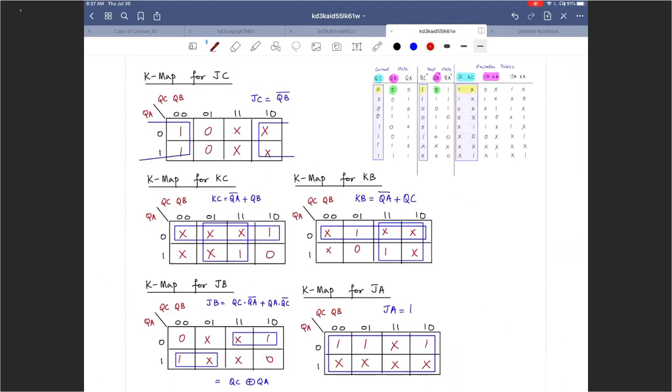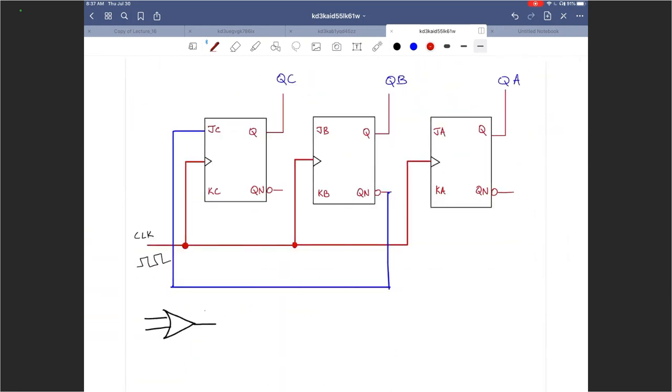KC equals QA complement or QB. Those are coming from QA complement is coming from here, and QB is coming from here. So I would take those 2 wires and go into an OR gate, and then the output would essentially connect to my KC input right there.